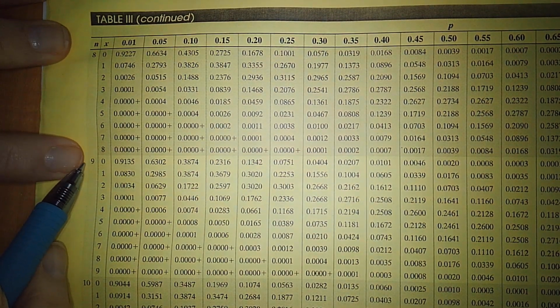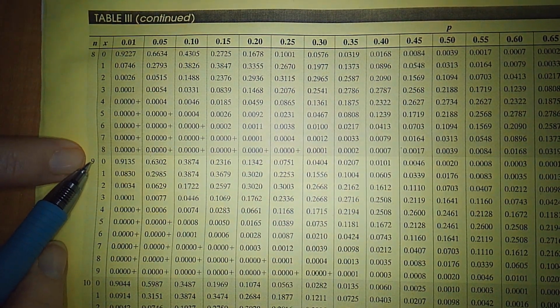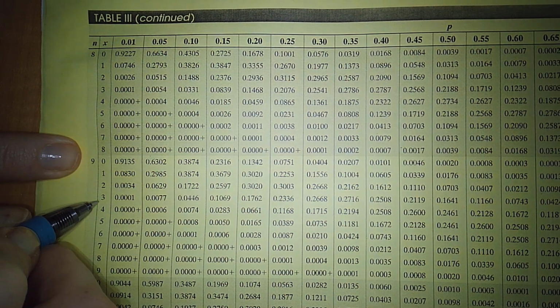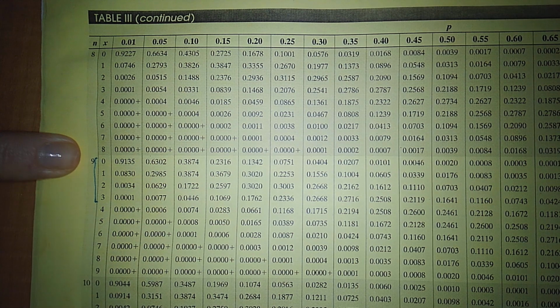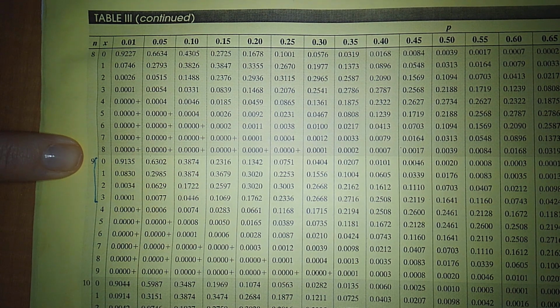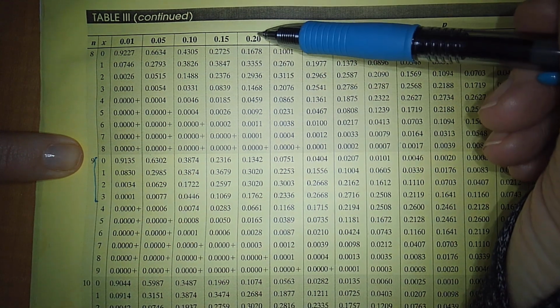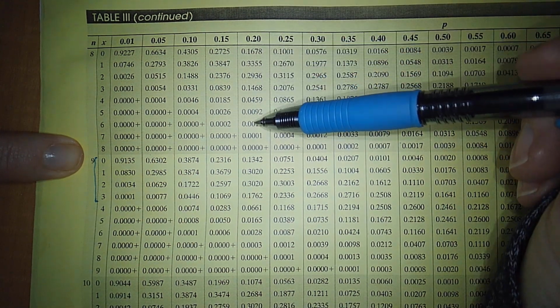the number of trials, n, is 9. I want 3 or less successes. So that would be everywhere between 0, 1, 2, 3, and add those together. And I know the probability of success we said was 20%.